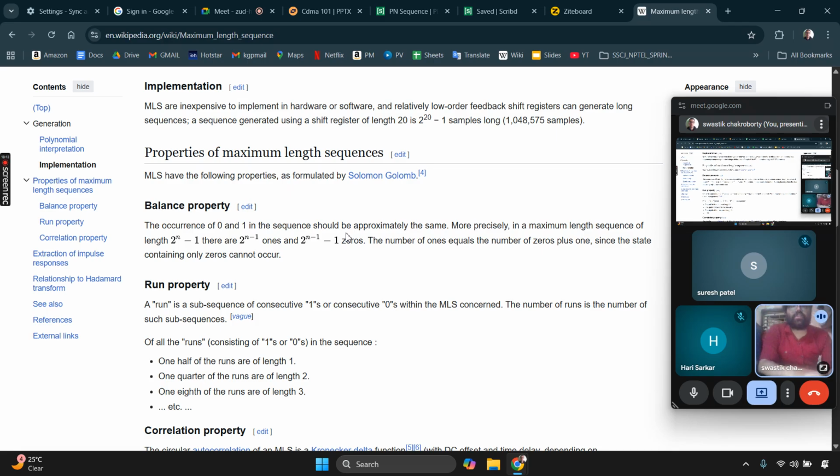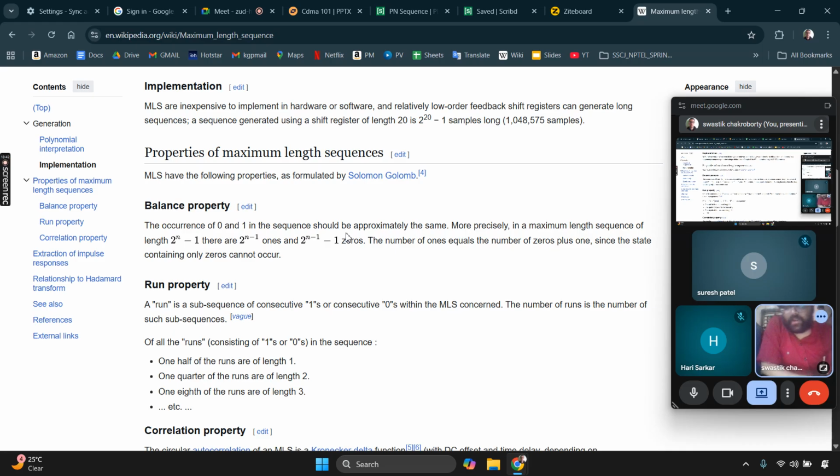So the number of ones equals the number of zeros plus 1, since the state containing only zeros cannot happen. Why? Because we are explicitly excluding the one state where all zeros occur, 0 0 0 0.